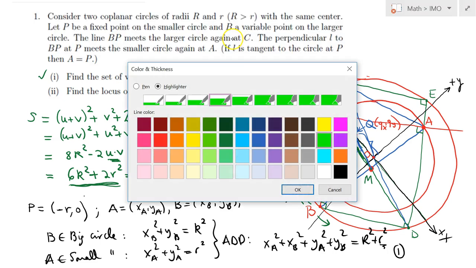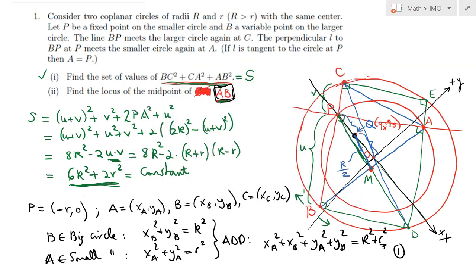If I can arrange the thickness, let's make it like this, I guess. Okay, so the circle would look like this. It would go through this midpoint here and this midpoint here. It would be a circle centered at Q with radius r over 2. Probably this doesn't look like a circle, but something like this.